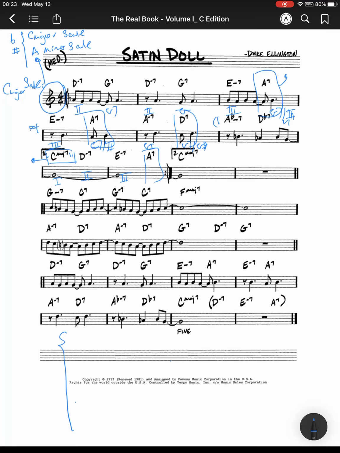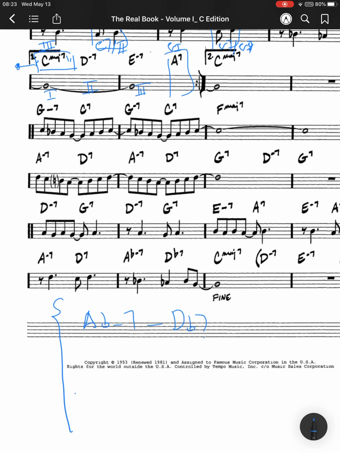This is the A flat minor 7, and after that we have D flat 7. Both of them are not in our tonality, the C major scale, because we don't have A flat here, and we don't have D flat, and of course we don't have any chords created based on these notes.